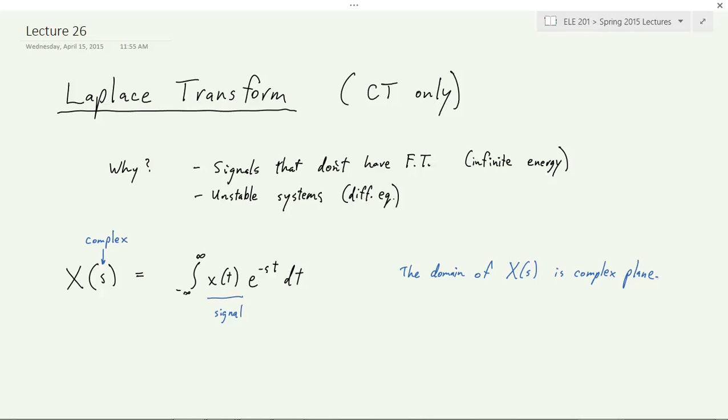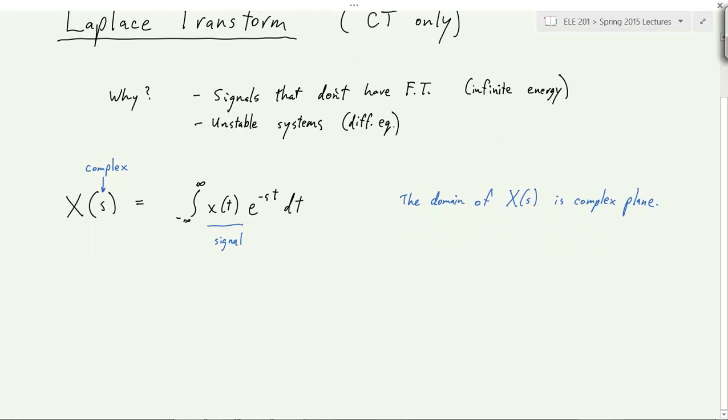Okay, so some important notes about this. This may only converge for some values of s. And that actually is very important, and we'll talk about that. So it's not like you say, well, you either do have a Fourier transform or you don't. Here you have a Laplace transform, but only for some subset of values of s. So in other words, the Laplace transform actually has two parts.